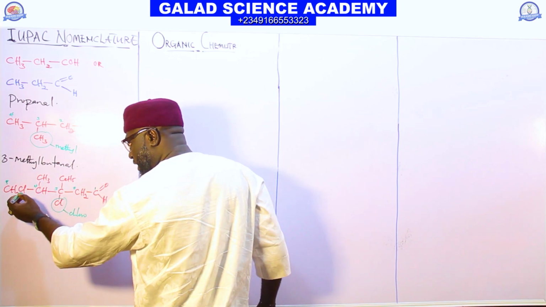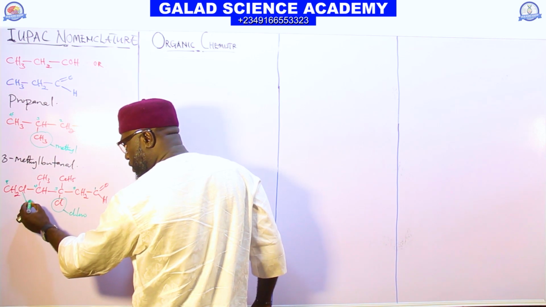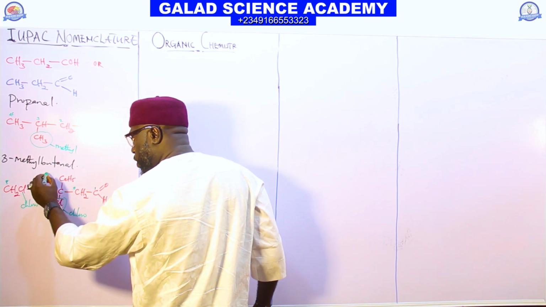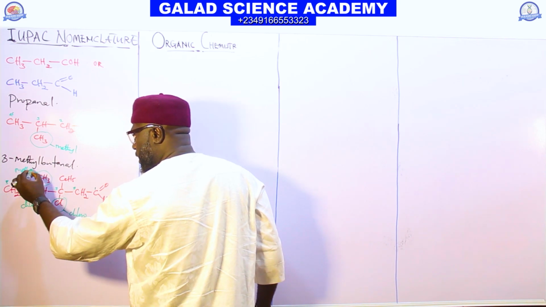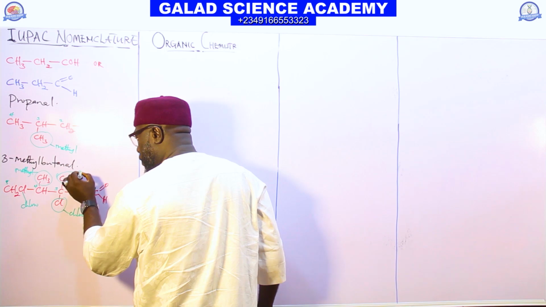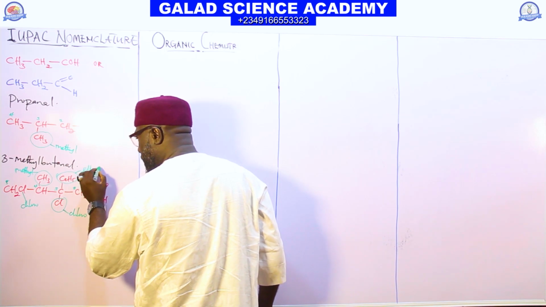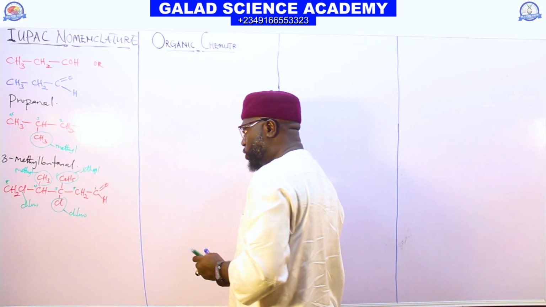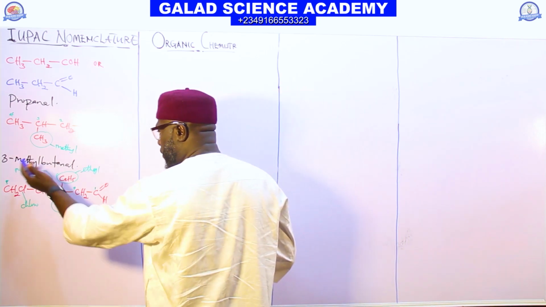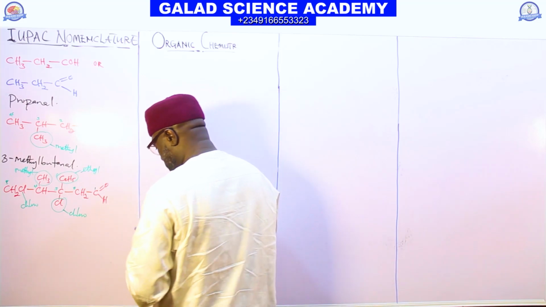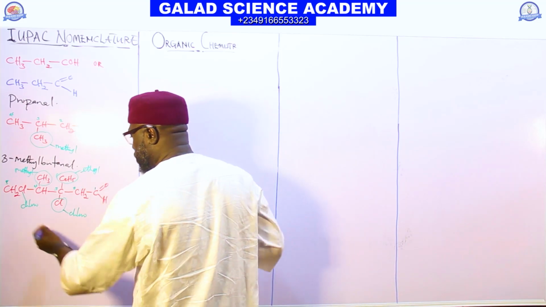This is another chloro. This one is methyl, and this one is also ethyl. So what will the name be? We have C before E.